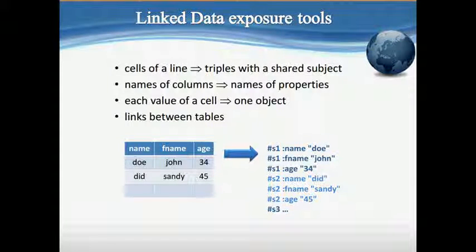You can say, okay, I have name in this table and this name is the same as, for example, name in FOAF, or it is a title of my book. It can be the title of the book. And this kind of relationship can be defined in some tools, and they can provide such services for you.